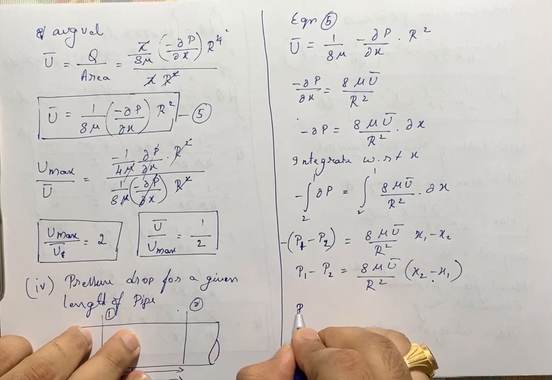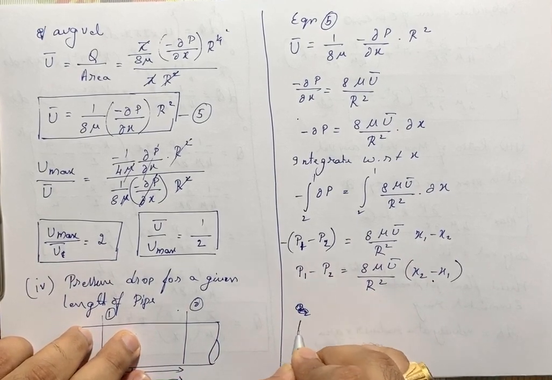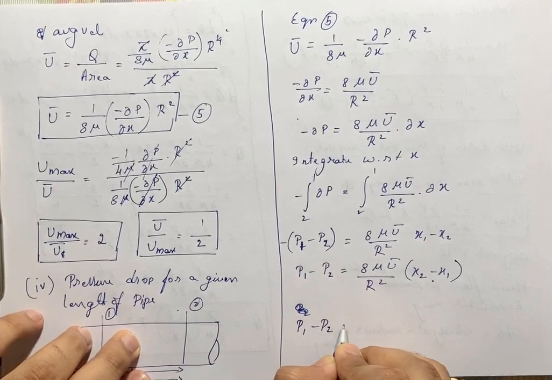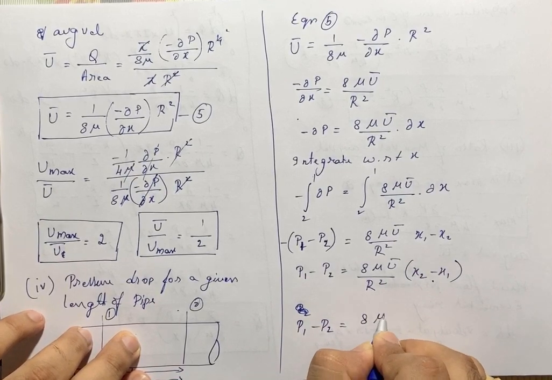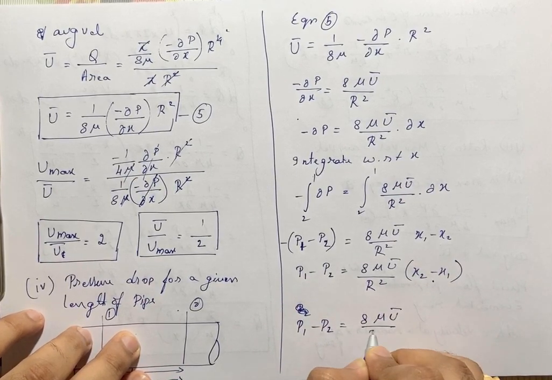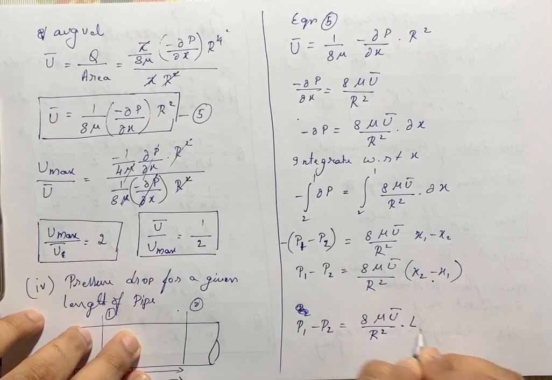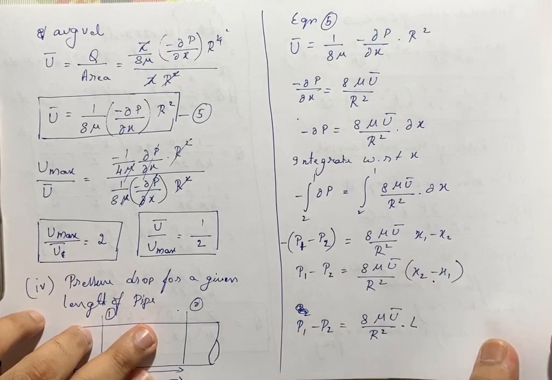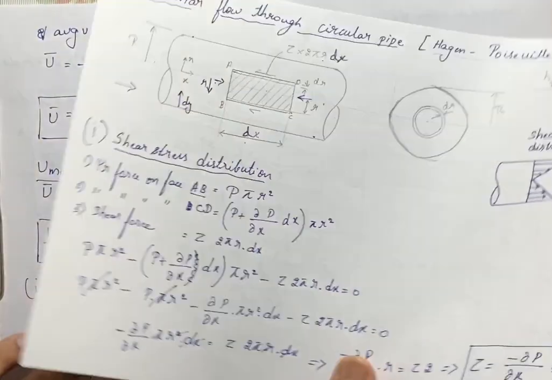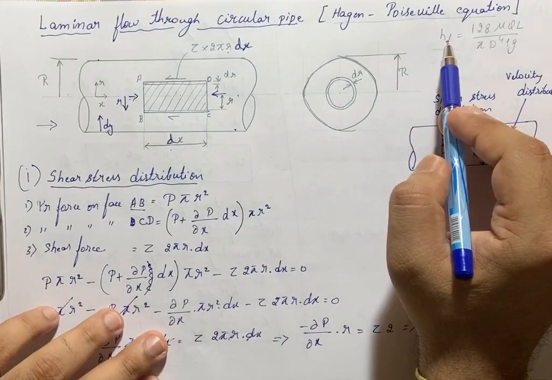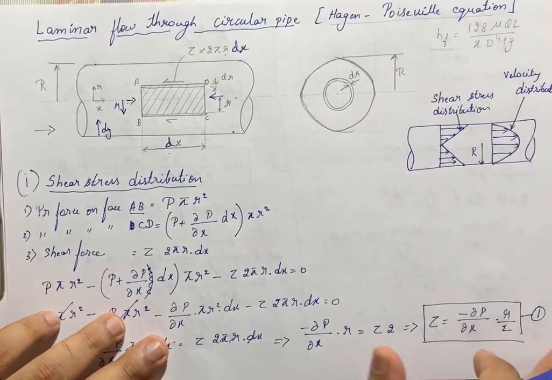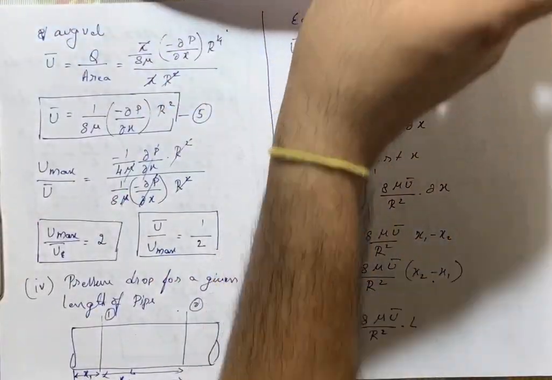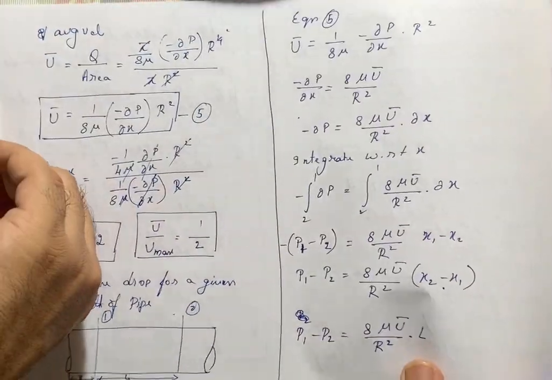Now p1 minus p2 will be 8 mu u bar divided by r square into L, right. Now what is hf? In this equation we need to find the Hagen-Poiseuille equation as hf, right. hf is nothing but the head loss due to friction in the pipe.